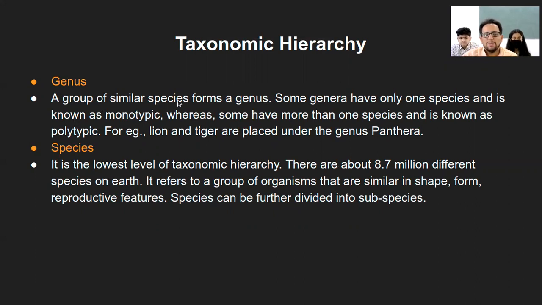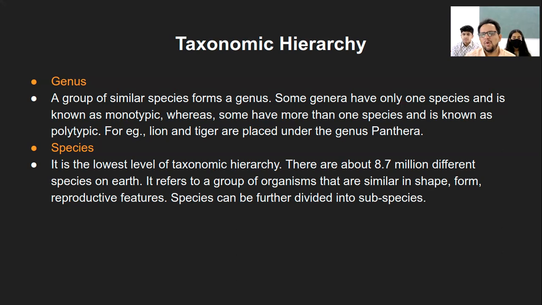So a group of similar species will form a genus, and obviously there can be either monotypic genus or polytypic. When some genera have only one species because they don't have different species involved in them, they are called monotypic, right? While on the other hand, one particular genus might have several species within it.